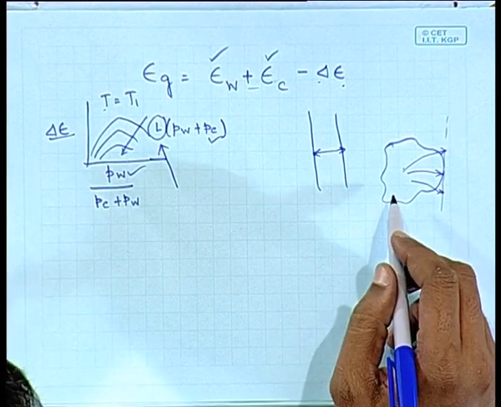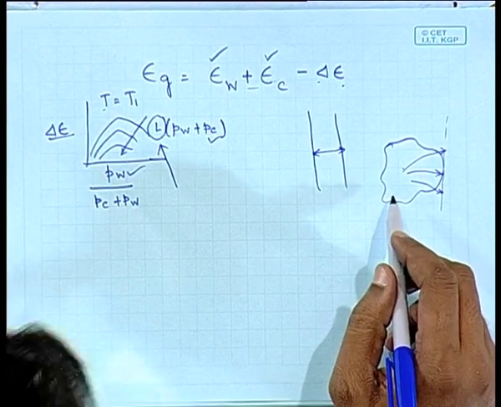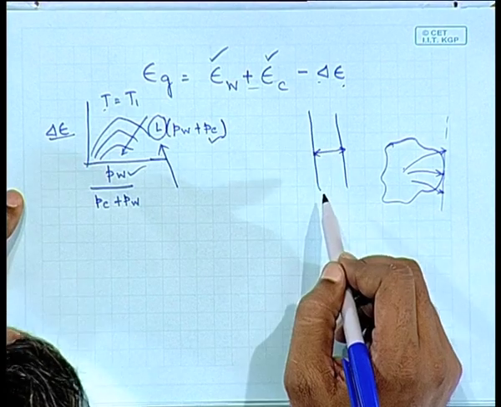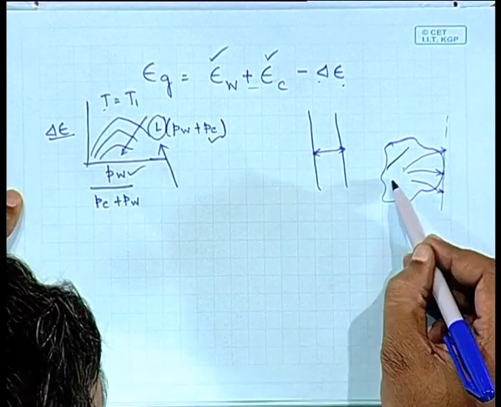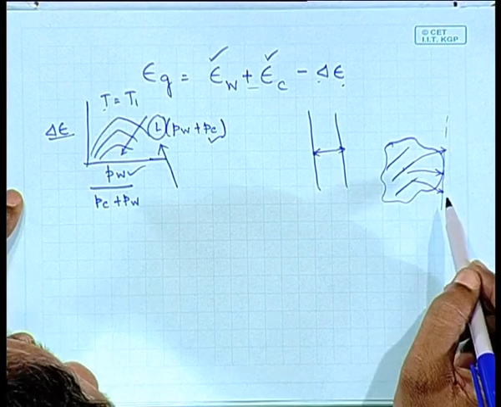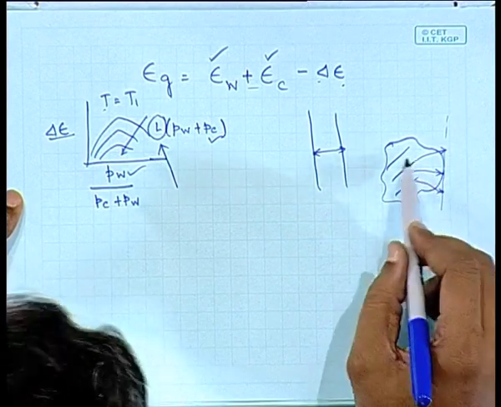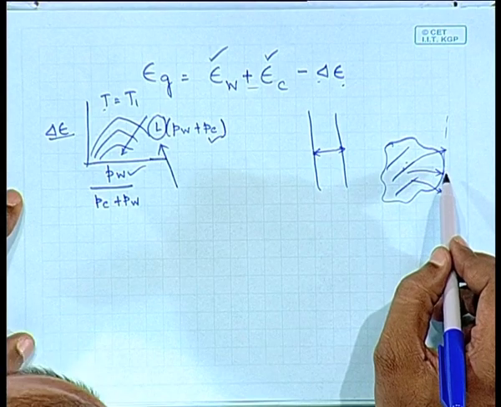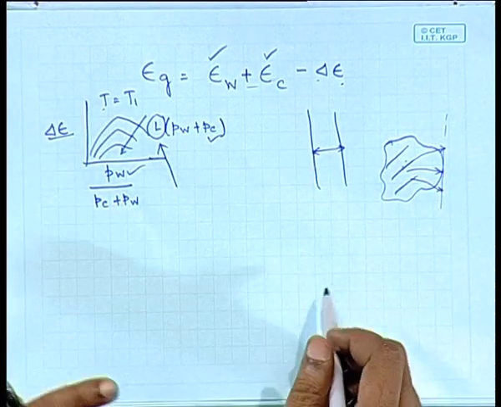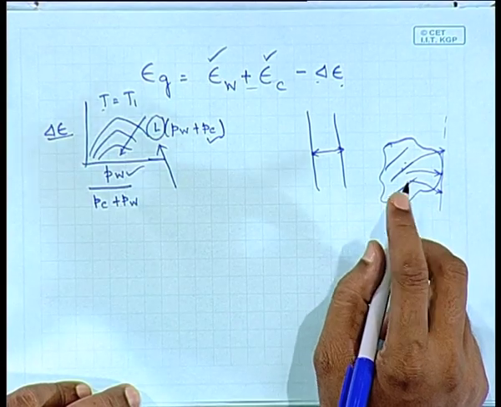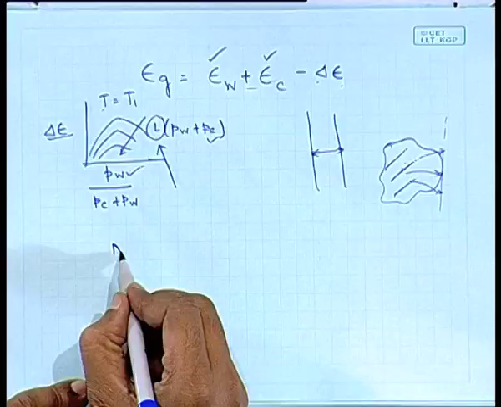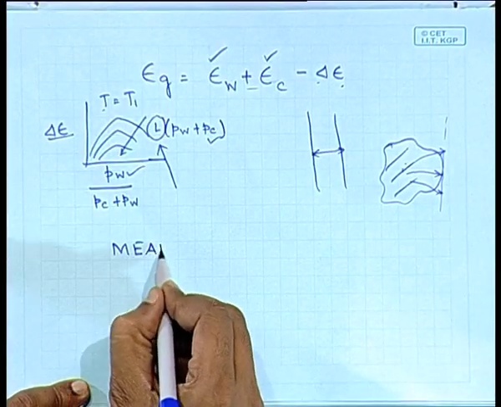What should be the distance for the case of a sphere or a cube or an arbitrary mass of vapor or a gas when it is interacting radiatively with the surface? So, to take into account those kinds of complications, those different geometries, the concept of mean beam length is used.